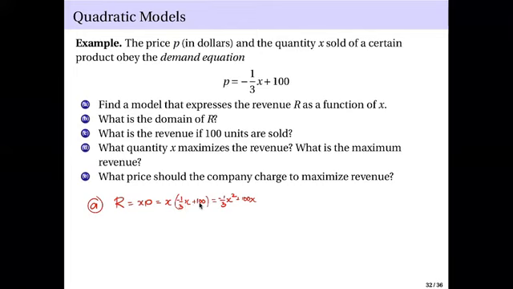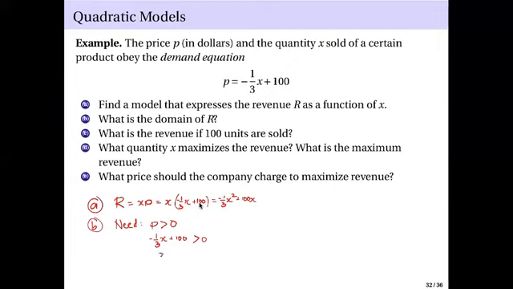So to answer letter B, we need your P to be greater than 0. The price must be positive. So you have negative 1/3 x plus 100 greater than 0.